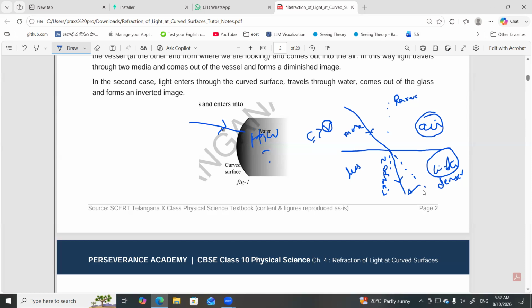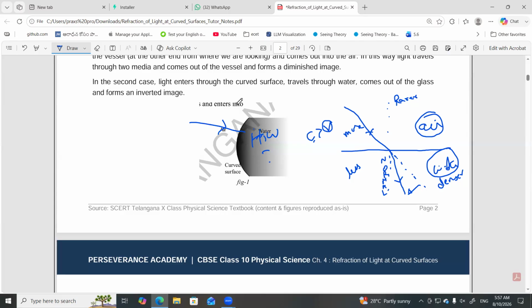But here, what is the surface? Curved. So now, what we are going to learn here is refraction of light at curved surfaces. Will it behave the same manner or different? That's what we are going to see.